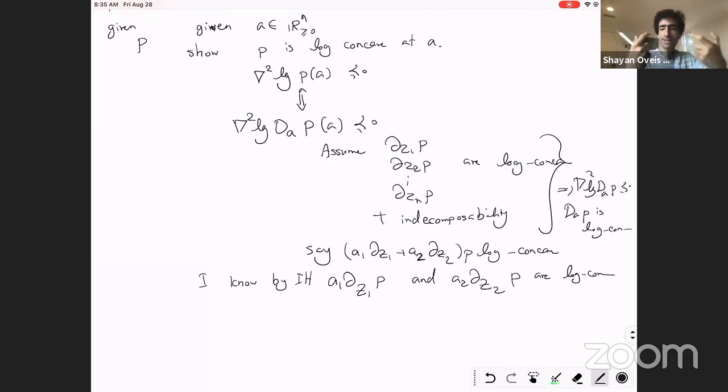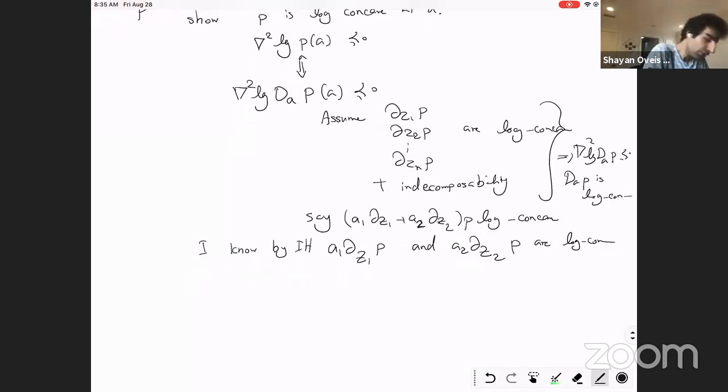So now you want to say the sum of two log concave polynomials is log concave. How would you say that? It's enough to say that they have a common interlacer. That was the point we were making last time. So what is the common interlacer of the two? For this one, I'm going to take A2 partial Z2 of this polynomial of A1 partial Z1.